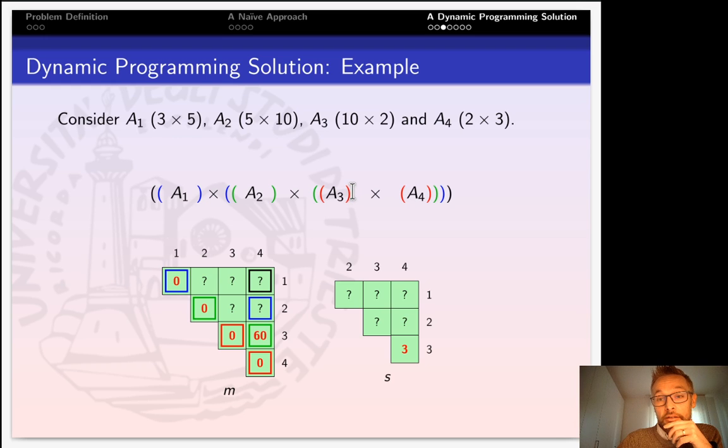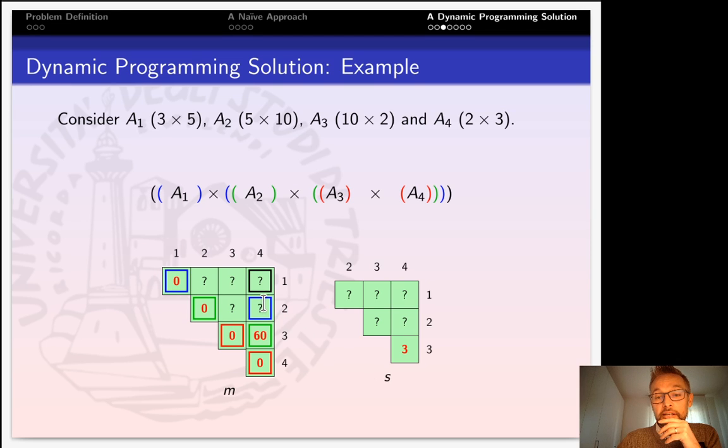Okay, and the best way to solve this simple instance of the chain matrix multiplication problem is to select 3 as k. Okay, and that's why we put a 3 here.